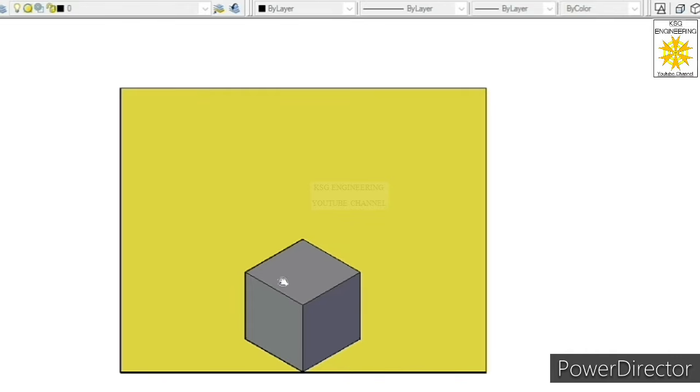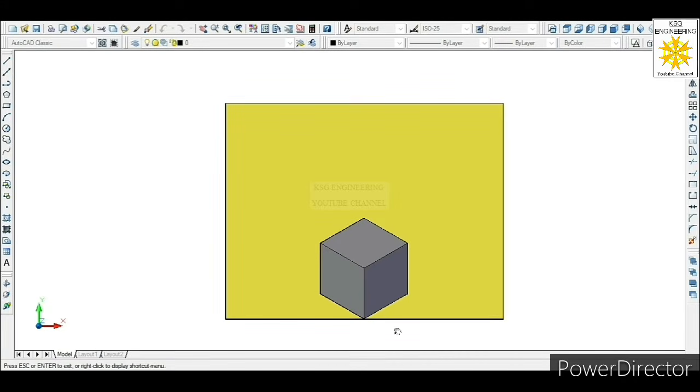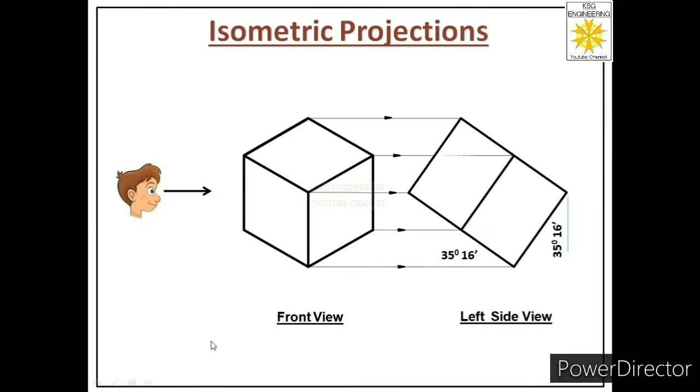And in this projection all the three dimensions are visible: length, width, and height of the cube. Now we'll discuss this position in the next part of this lecture in order to understand the fundamentals of isometric projection.